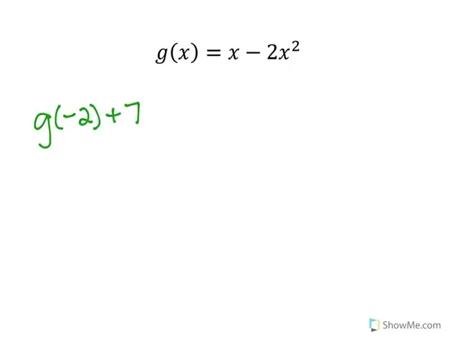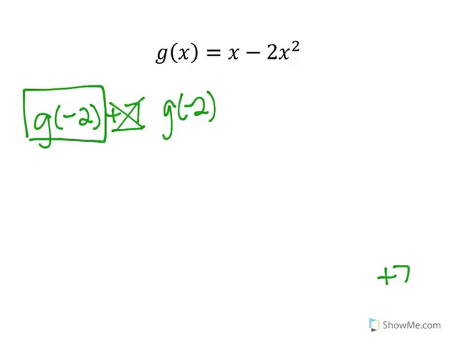Finally, here we are told that we have a function to solve, and then after we solve this function, we are going to add 7. So that's going to happen down here at the end. Until then, we can ignore that. So we've got g of negative 2, which means that x equals negative 2, and that needs to be plugged into both of the x's.